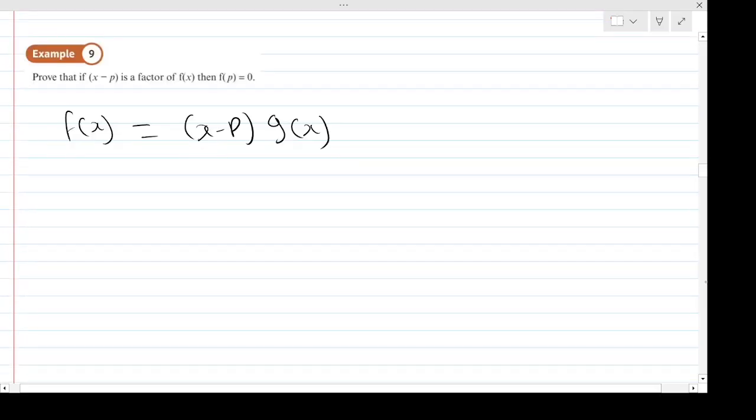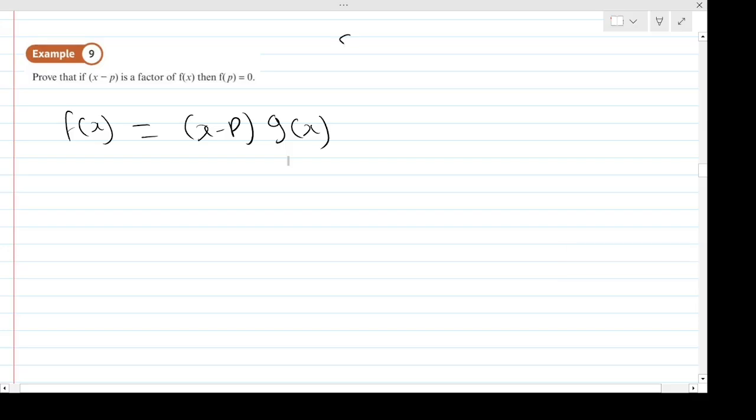If we say something is a factor, then that means it's a multiple of the function. So it's x minus p times some other function. That's just the literal meaning of that. Very akin to numbers.